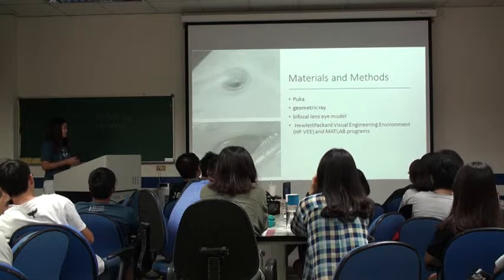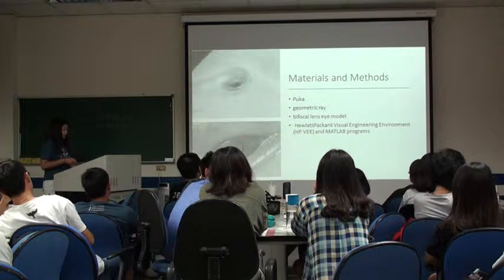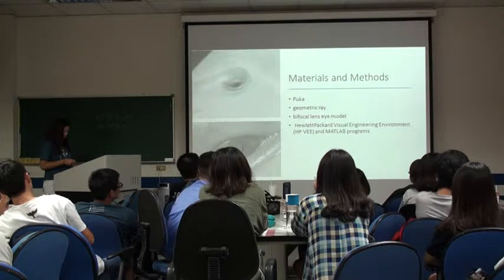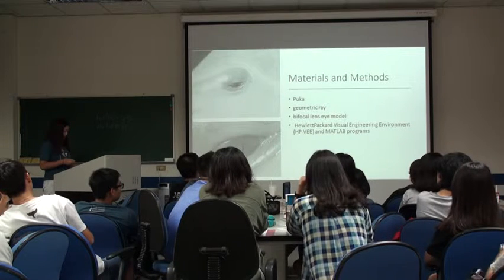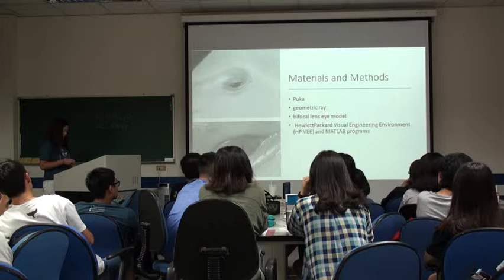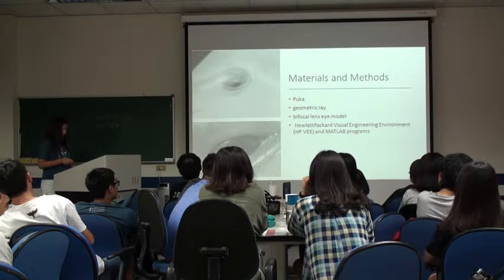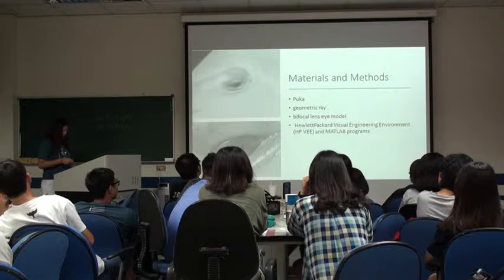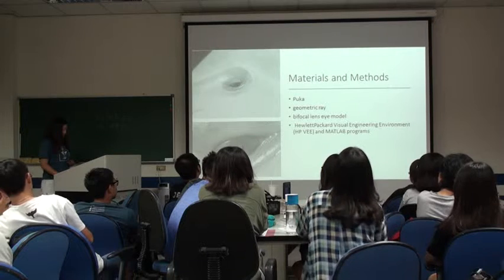And in this experiment, we will use a program called Aquatic Visual Engineering Environments and the Labs program. And we will collect the data of the eye model and compare separate plots for each data group. And we will determine the relative goodness of it and the result.